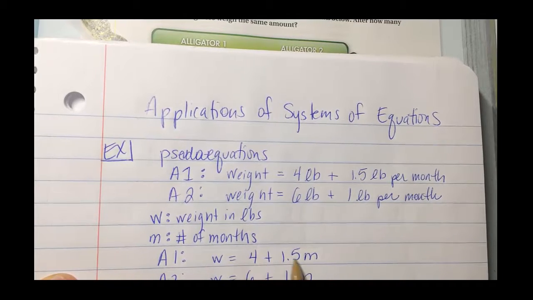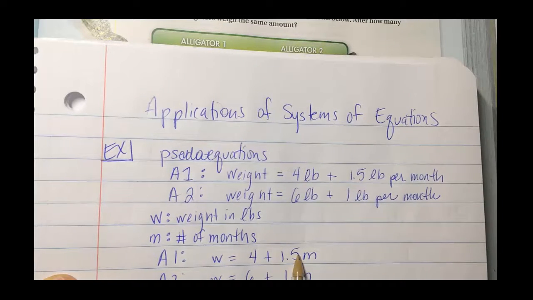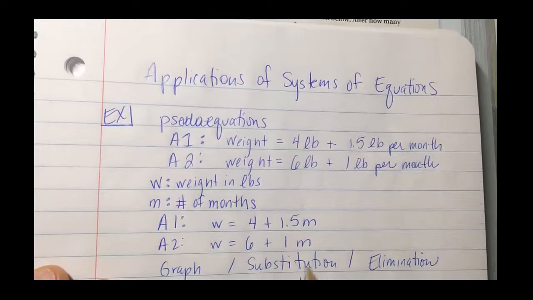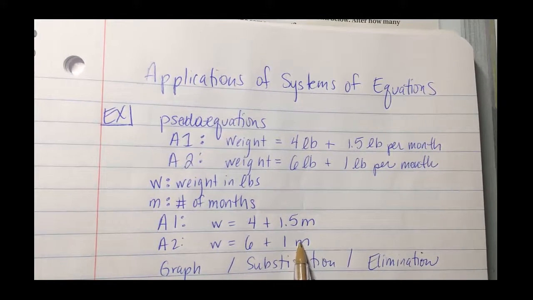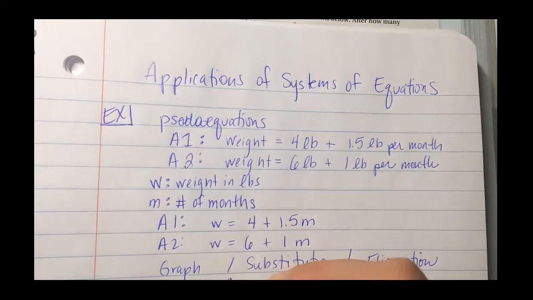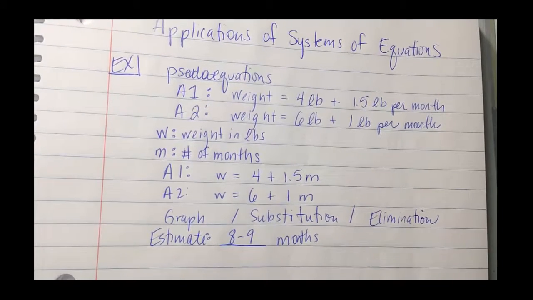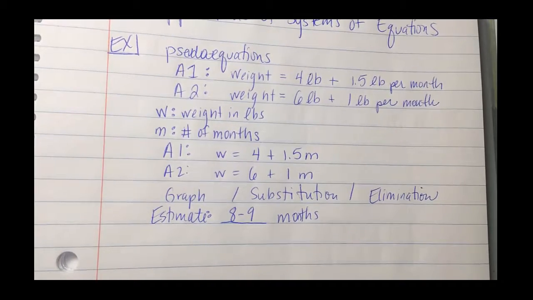At 10 months, this alligator is going to be 4 plus 15, so that'll be 19. And this one will be 16. So it's going to be less than that. Let's guess 8 or 9 months, because I know it's going to be less than 10 months. Okay, that gives me a ballpark idea of where I'm going.